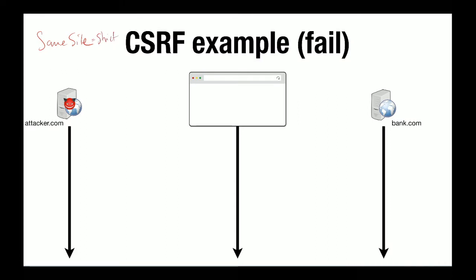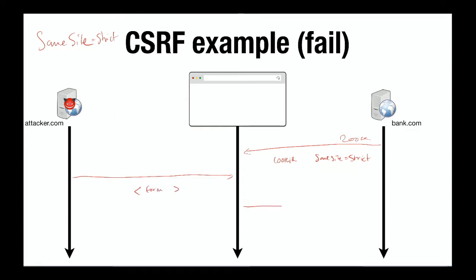If we're in a modern browser, what's going to happen is when we get the 200 OK, and we include the cookie, and we say same site equals strict, then later when the attacker ships a page that contains the form that performs the request to the bank, your browser is performing this request while running the attacker page. Then no cookies will be sent, right?